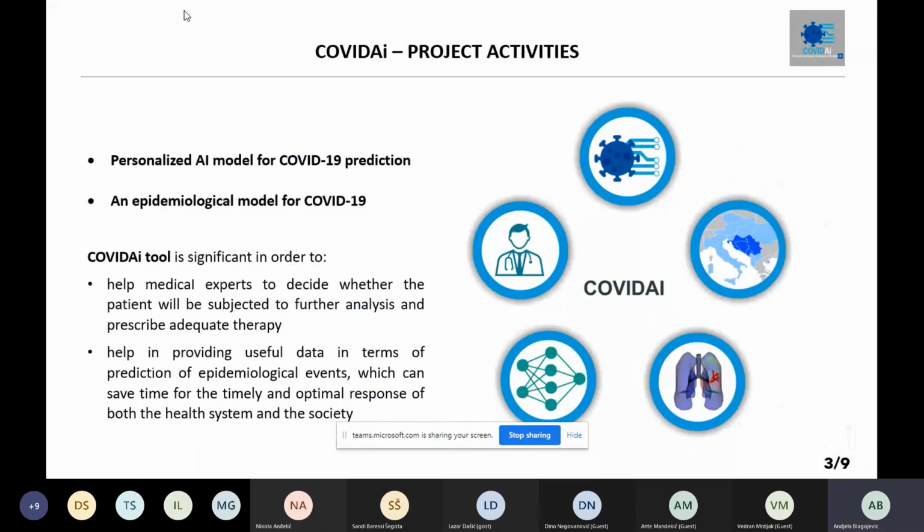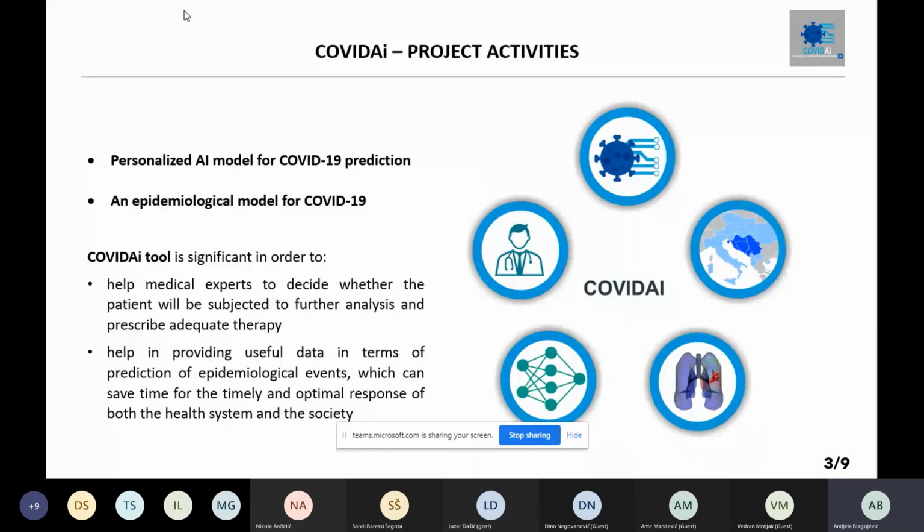Well, the most important thing, project activities. During this project, we developed two models, a personalized AI model for COVID-19 prediction and an epidemiological model for COVID-19 prediction. These two give us a COVID AI tool, which consisted of these methods.